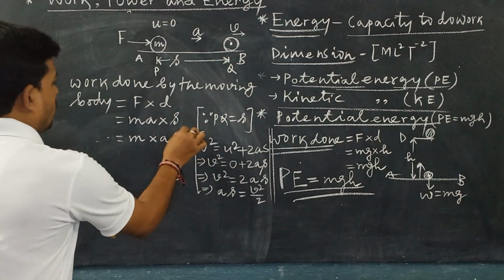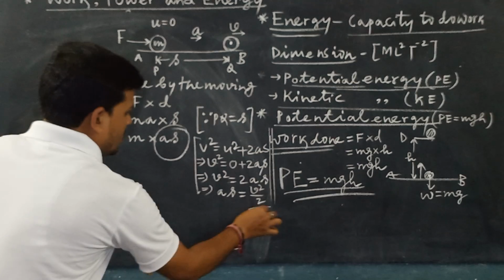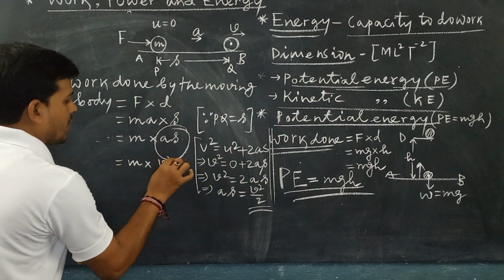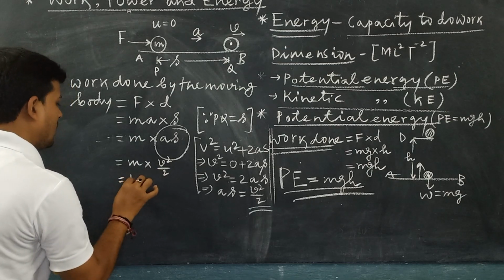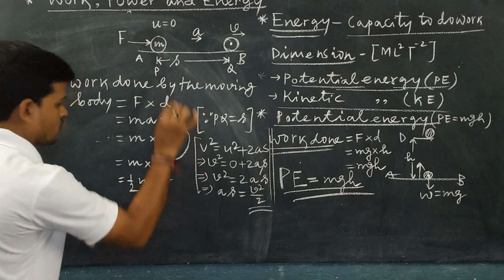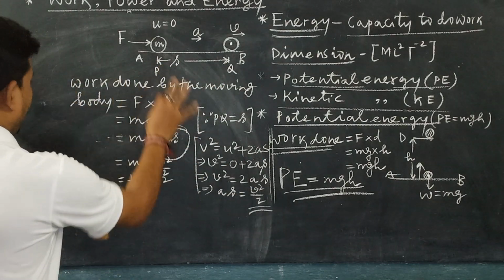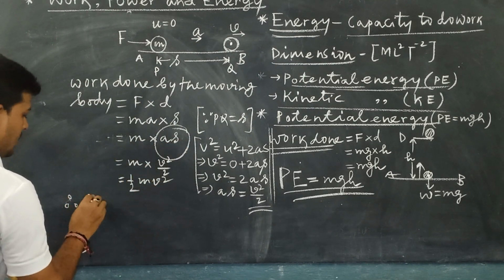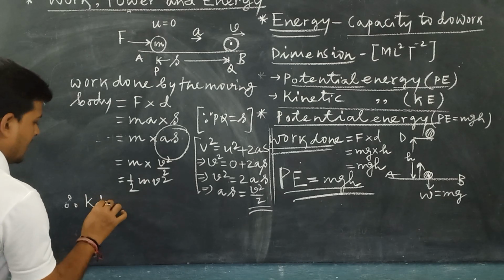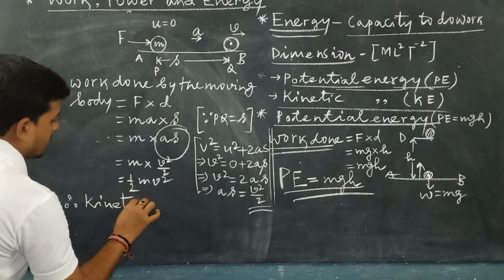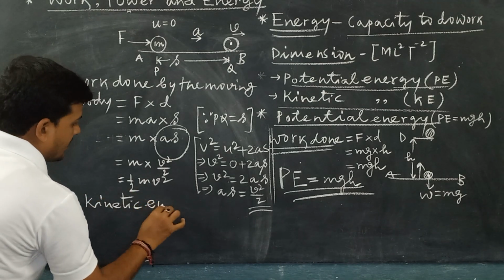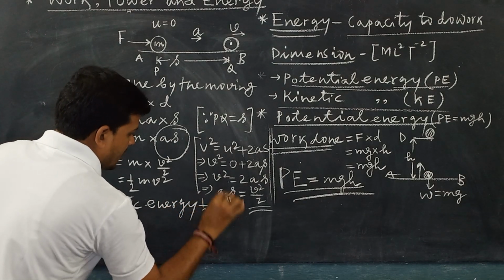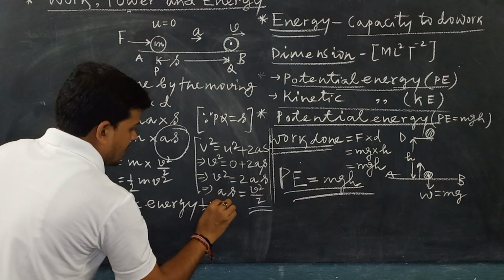Now substitute the value of this as by v square by 2. Then we get m into v square by 2, which is equal to half m v square. This is the work done by the moving body. This amount of work done by the moving body is considered as the kinetic energy stored within the moving body, and by using this method we can get the relation for the kinetic energy of a body.